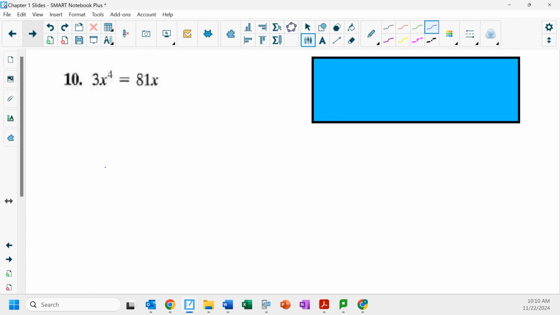So we have 3x to the fourth equals 81x. And again, first thing we're asked to do is get one side equal to 0. So I'm going to subtract 81x from both sides.